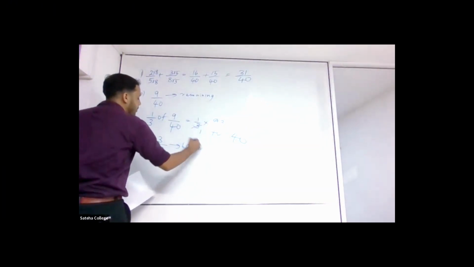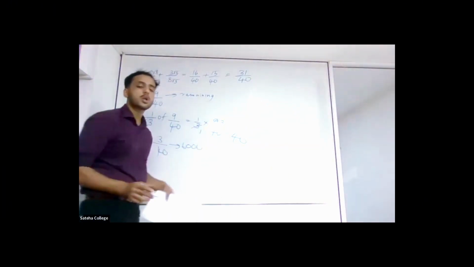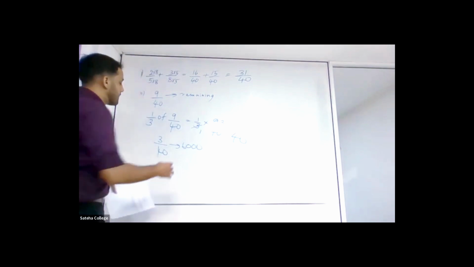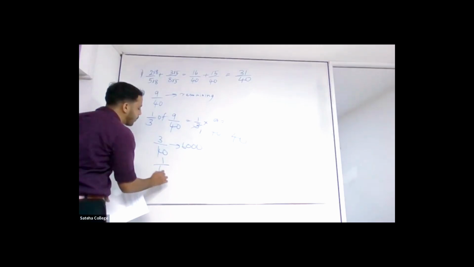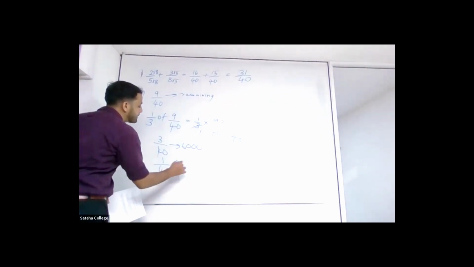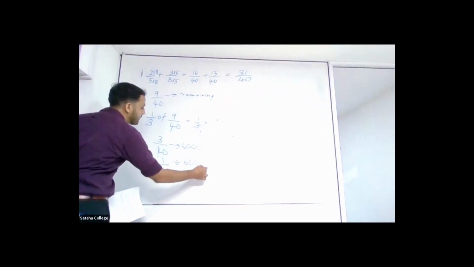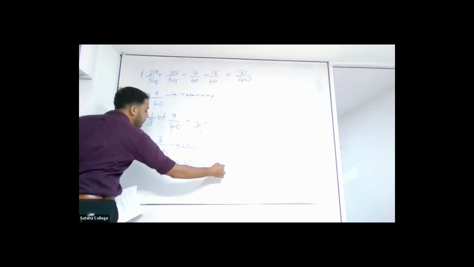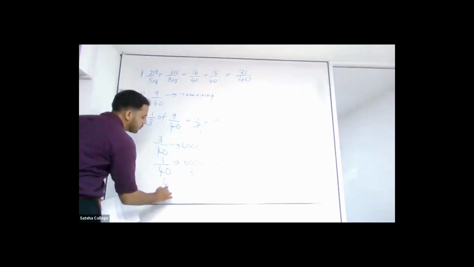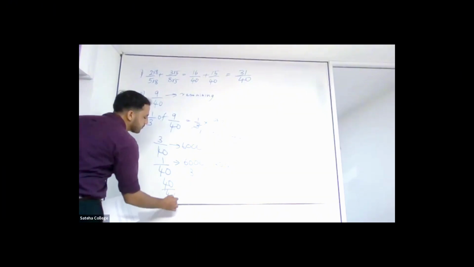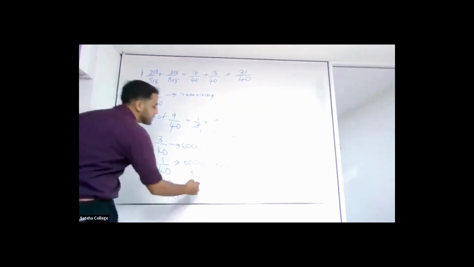Now the question is, what is the value of the total cosmetics? Right? If 3 parts is 6,000, how much is 1? Right? 6,000 divided by 3, what is that? 2,000. So 1 part is 2,000. Now we have 40 parts. To find the total cost, find all 40 parts.